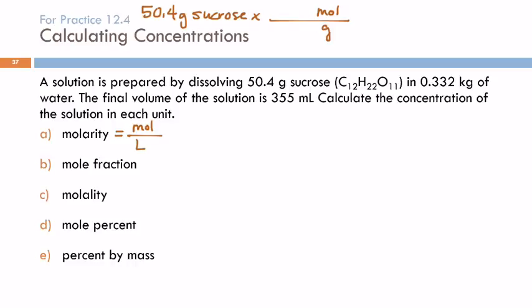Well, we've got to figure out the molar mass. 12 carbons times 12.01 plus 22 hydrogens times 1.008 plus 11 oxygens times 16, 342.3. So 1 mole of sucrose weighs 342.3 grams. So 50.4 divided by 342.3, 0.147.